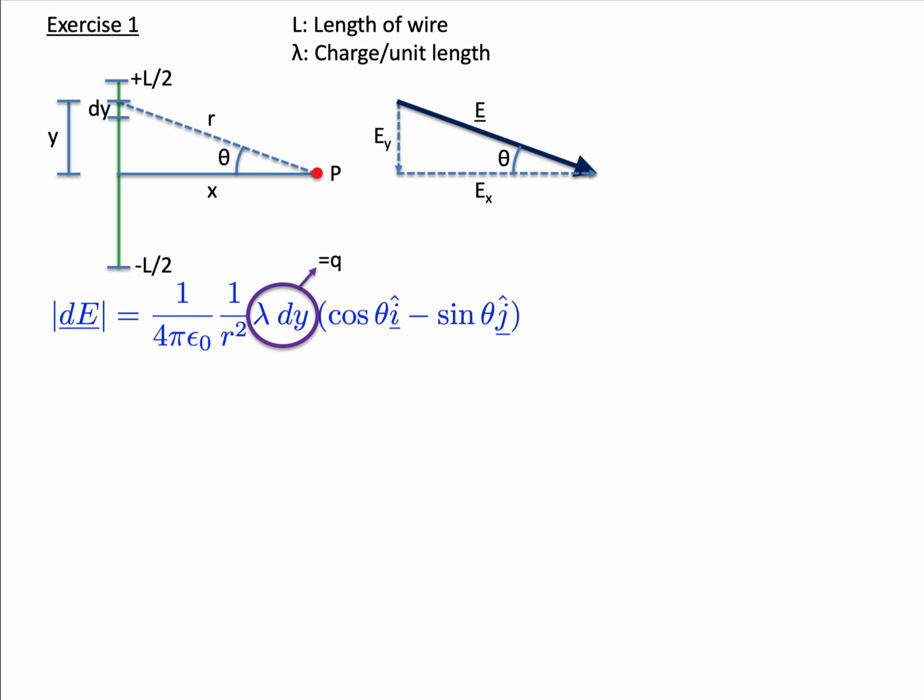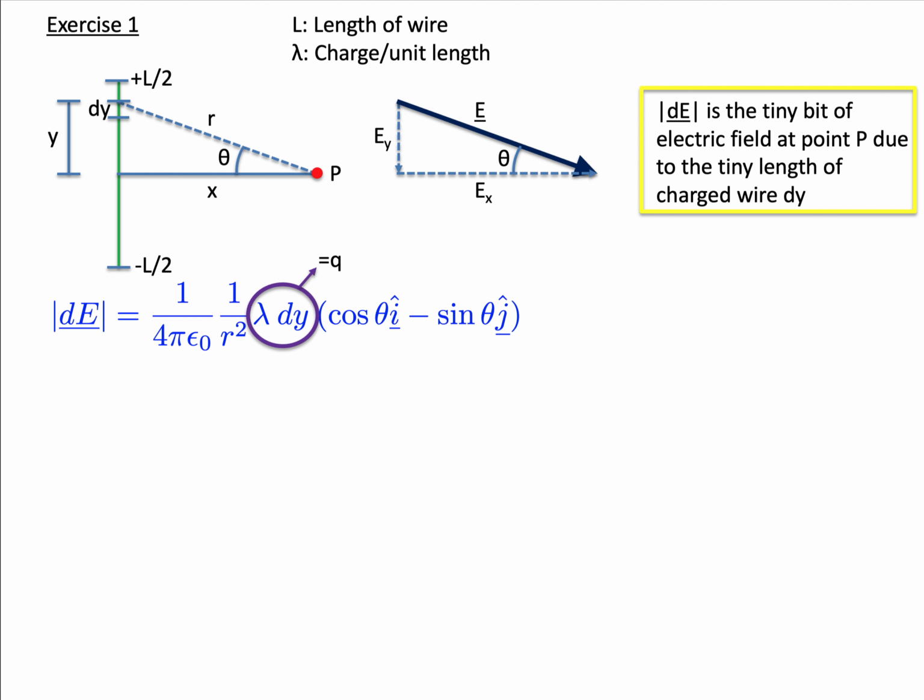Just to recap, dE is the tiny bit of electric field at point P due to the tiny length of charged wire dy. Now, looking at the diagram, we can see by symmetry that the y components of the electric field will cancel out when we add up the contributions from the whole wire.